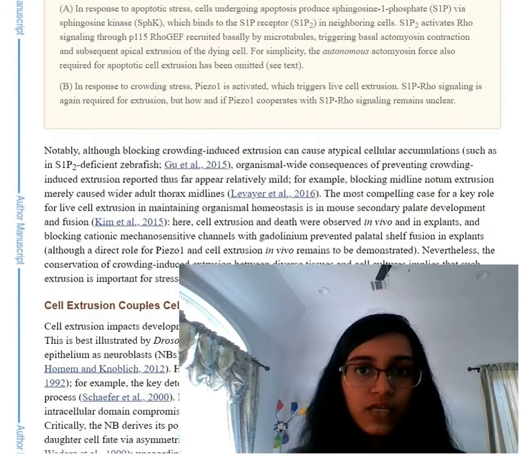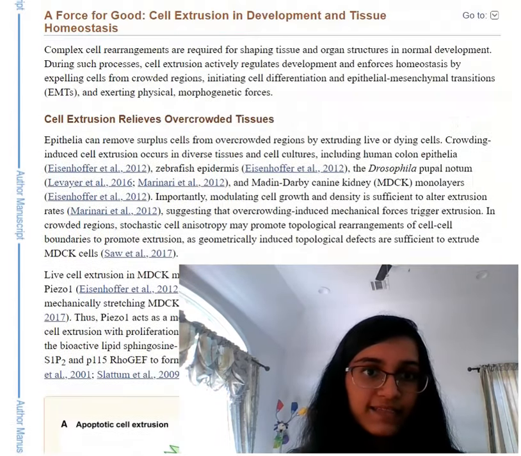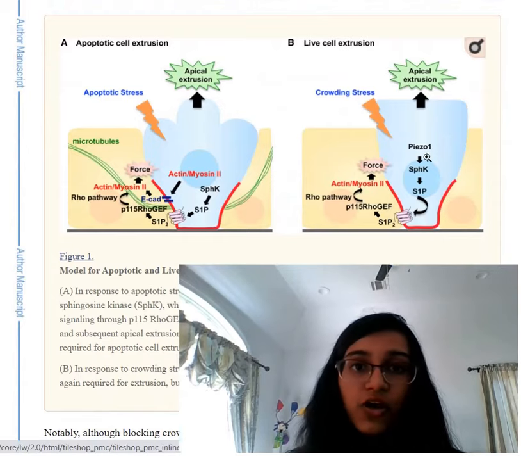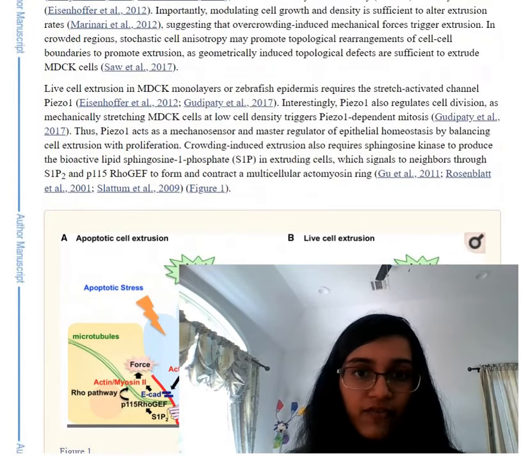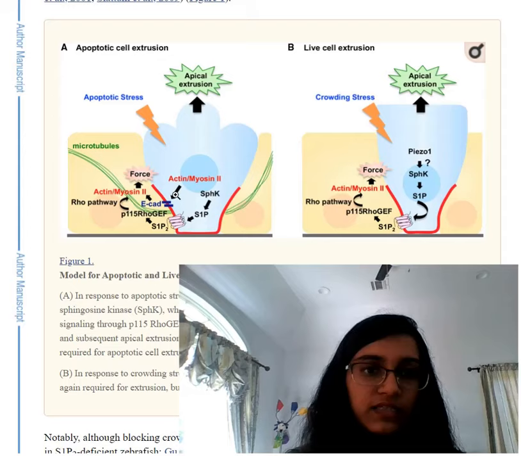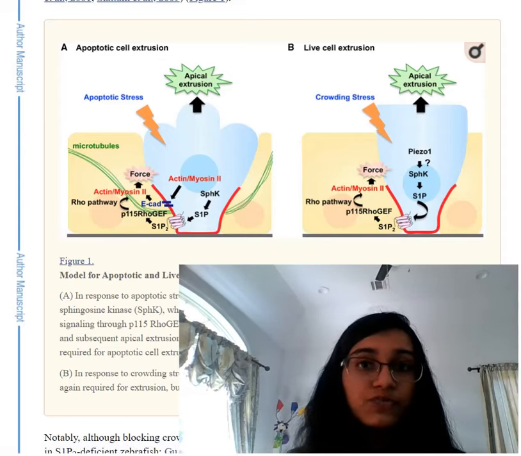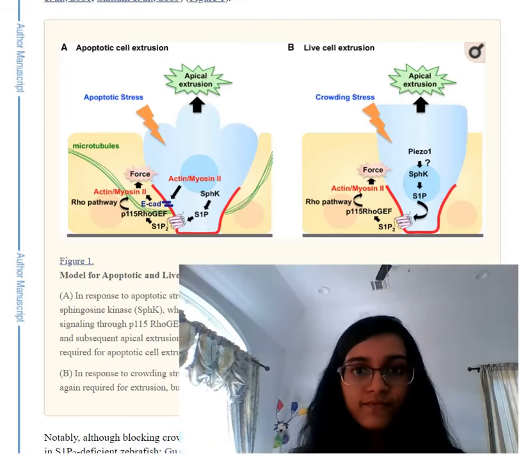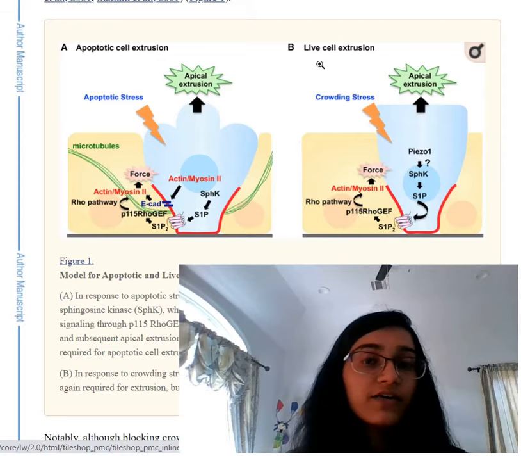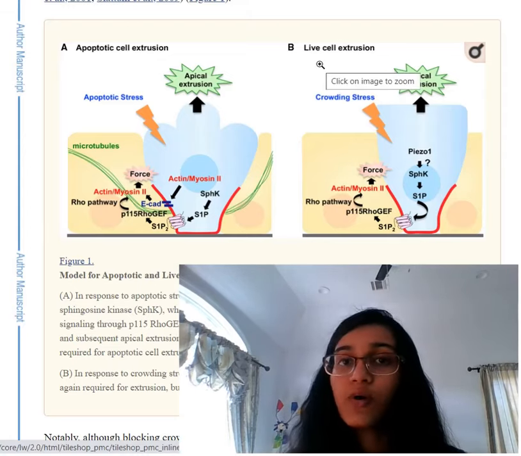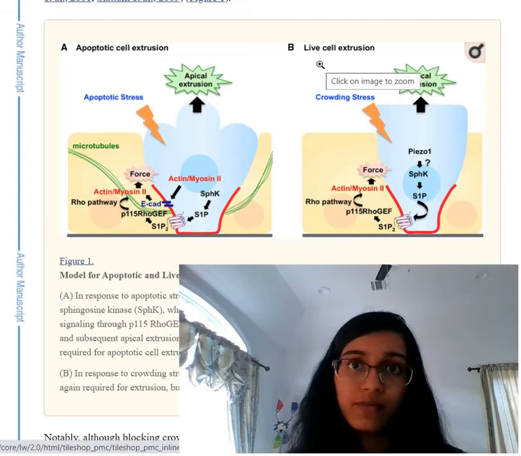And that is what we get from this section here. And as we saw in these diagrams and in paragraph 2, this is modulated by the S1P Rho pathways. And for live cell extrusion, perhaps also through PSO1, though we don't exactly know how that plays a role.